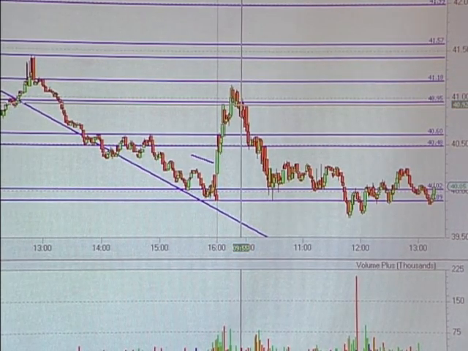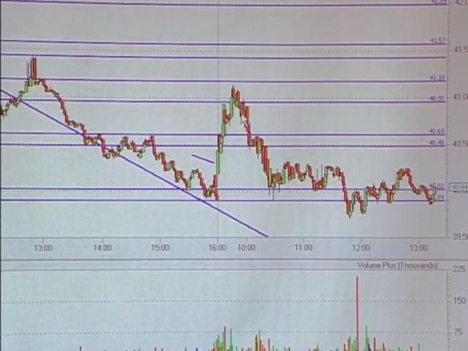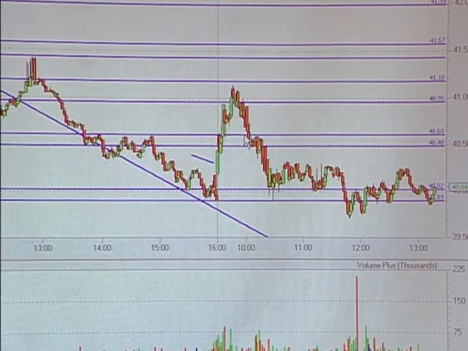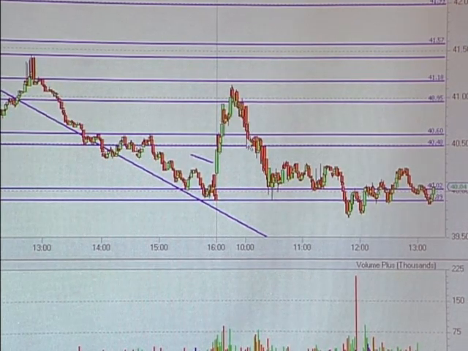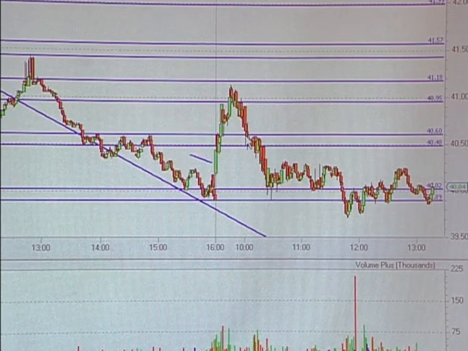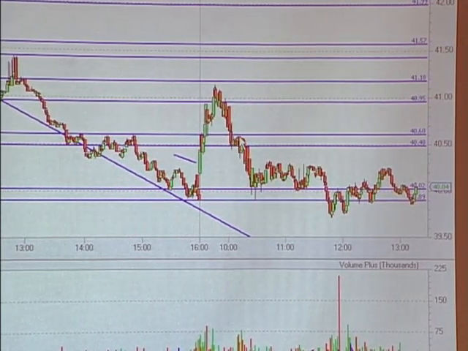Well, what would be our first goal? Well, the next line. So if we got short in this neck of the woods here, our first goal would be right here. That would be the next support line. And that would yield us somewhere around a 25-30 cent winner. Not bad.